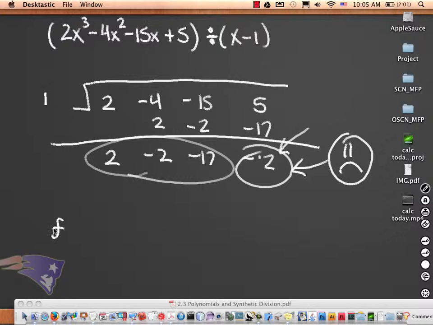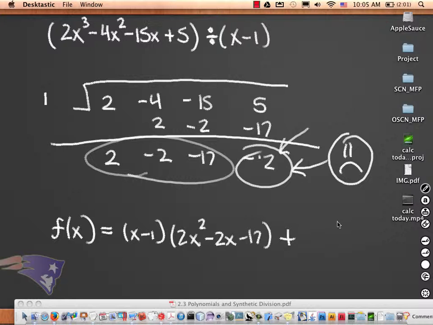It's going to end up being f of x equals the divisor, which is x minus 1, times the quotient, which is 2x squared minus 2x minus 17, plus the remainder, which was negative 12. Now, if you FOIL out x minus 1 times 2x squared minus 2x minus 17, and then you combine like terms, you'll get the original function.